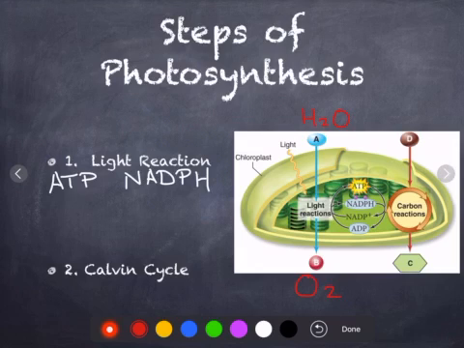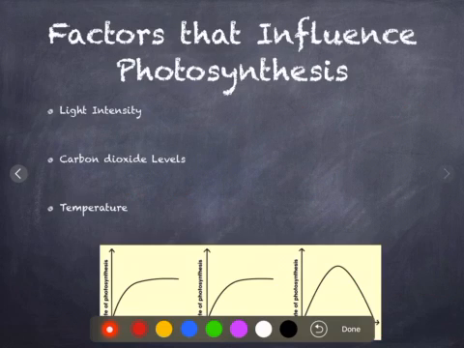So in the light reaction, we're making this ATP, NADPH, and what this is doing is we're adding that into the Calvin cycle. Now in the Calvin cycle, we're adding CO2. This is where our carbon comes from. And we're using that ATP, NADPH to produce glucose. Glucose is our overall end product that we have.